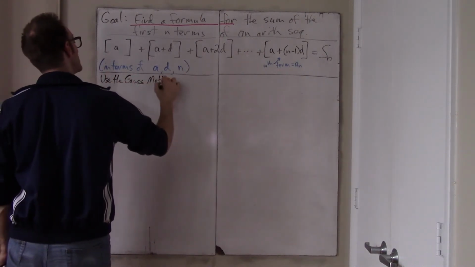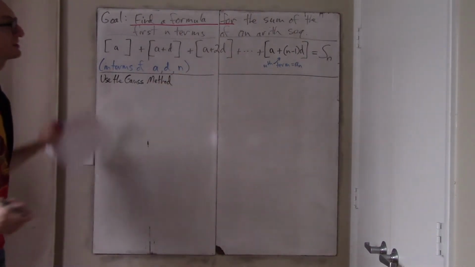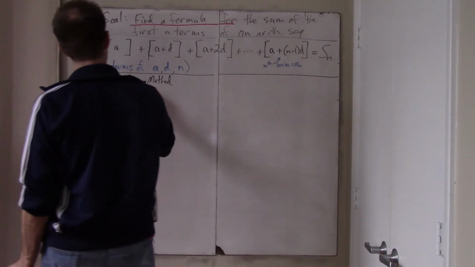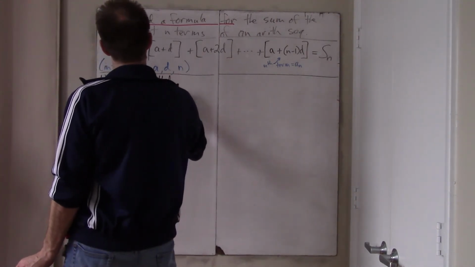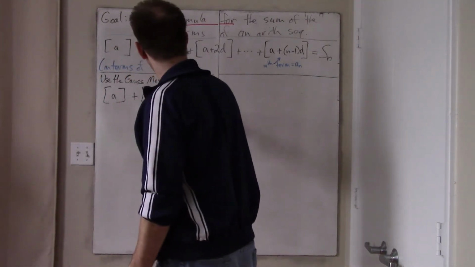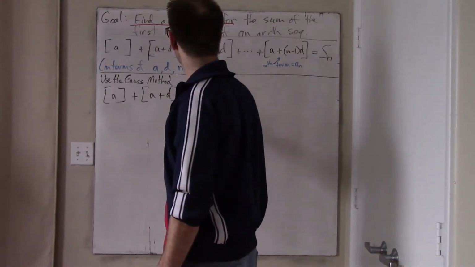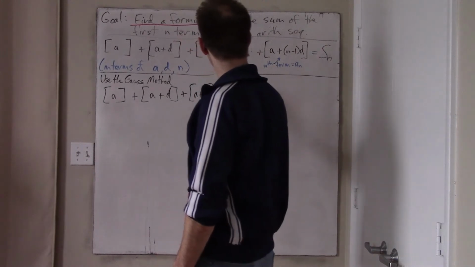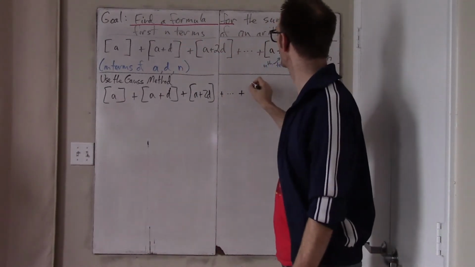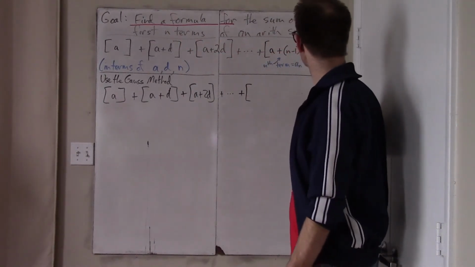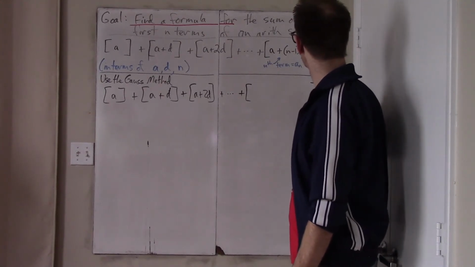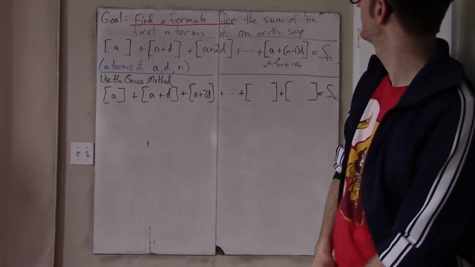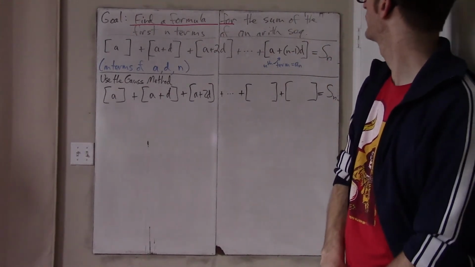What do I mean by that? Well, let's take the sum and rewrite it. This is a plus a plus d plus a plus 2d plus, and maybe I'll even try to add in two more terms here. This is all S sub n. What do the last two terms look like?